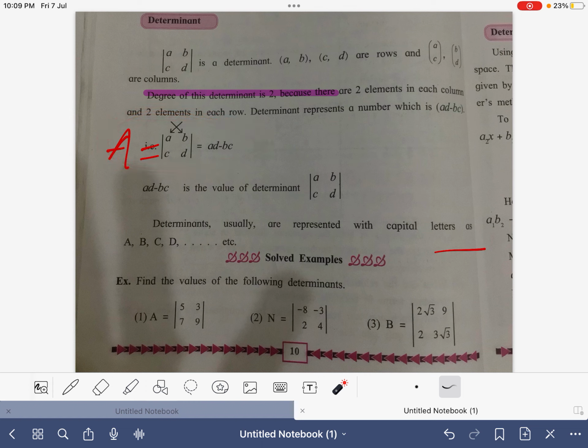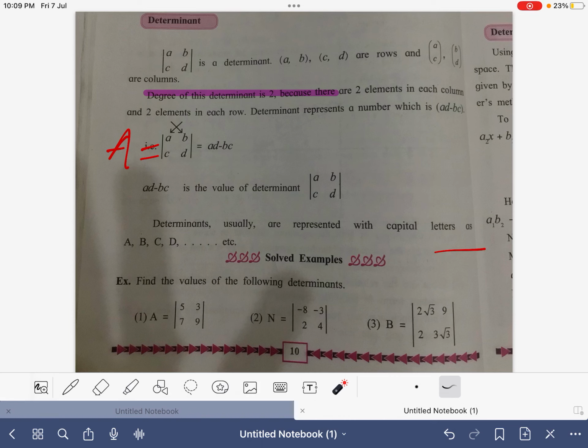In the next page, there is A, N and B, which are the determinants given to you, and we have to find out the value of what is A, what is N and what is B by solving these determinants.